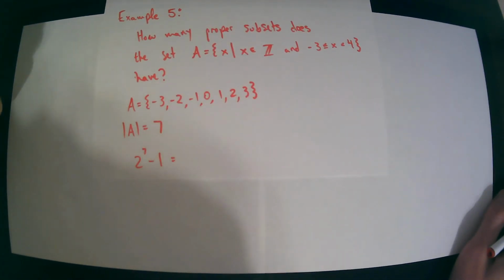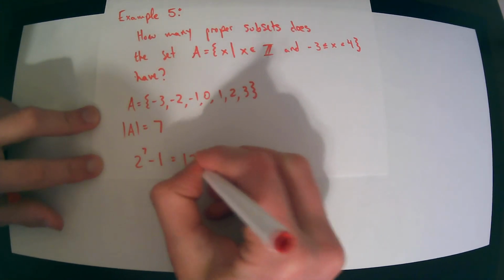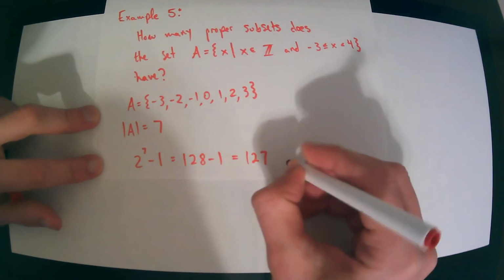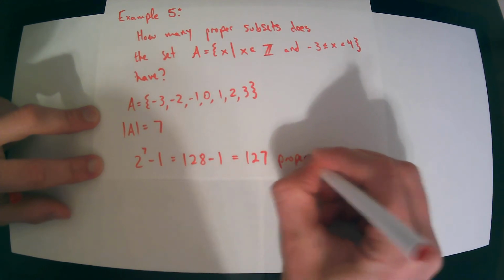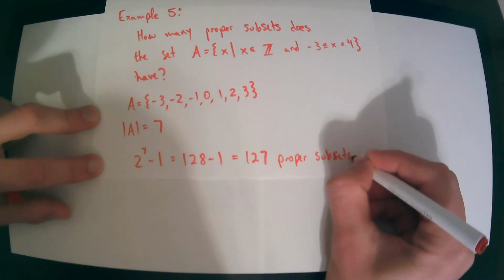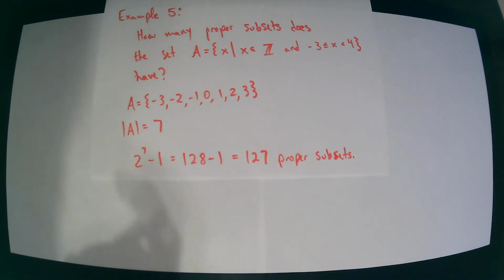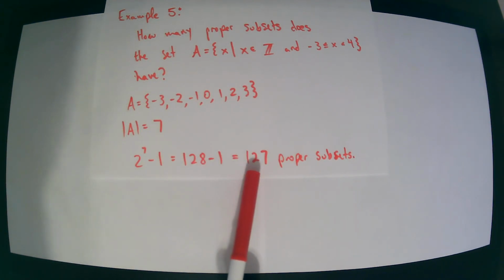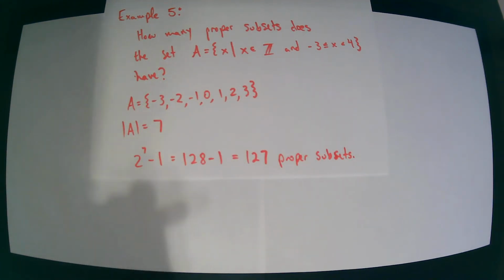Ooh, what is that? 128 minus 1 is 127 proper subsets. So this thing has 128 subsets and 127 proper subsets.